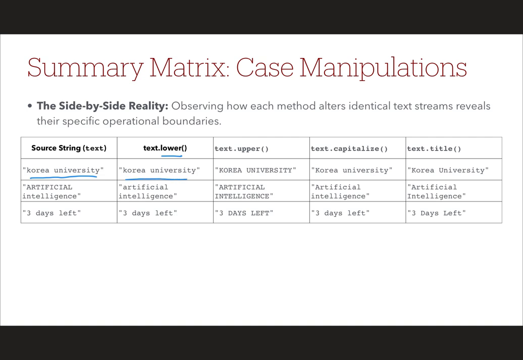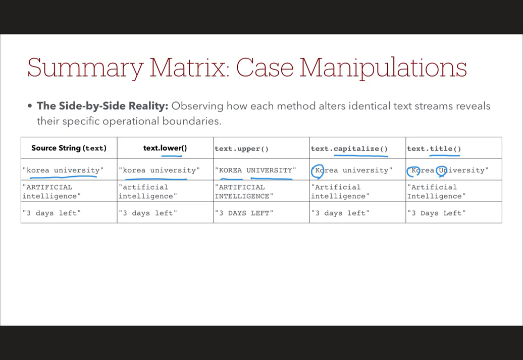But if I call the upper function, every letter in this expression will be converted to uppercase. If I call capitalize, only the first letter will be written in uppercase. If I call title, the K and U will be written in uppercase and all the others are in lowercase.